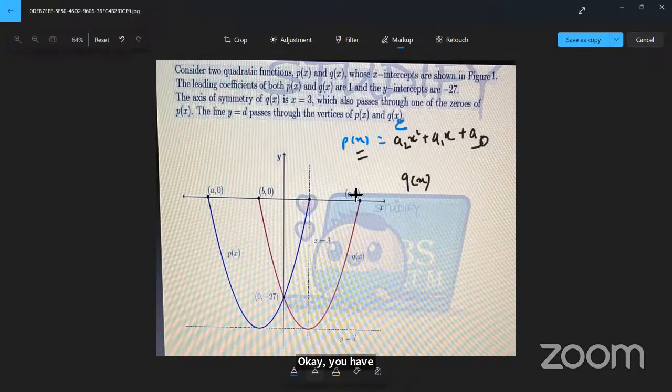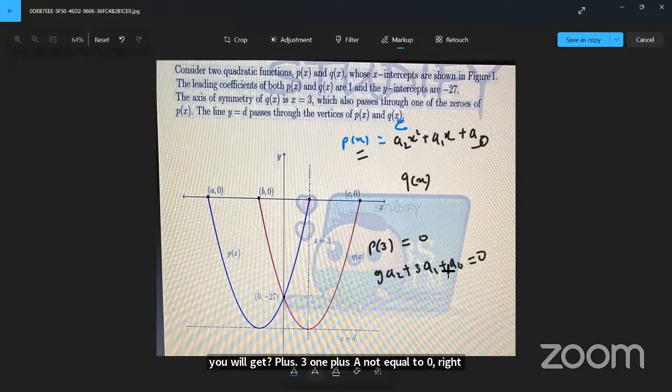Now just put the value x equals 3 and find p(3). You will get a linear equation, p(3) equals 0. What will you get? 9 a2 plus 3 a1 plus a naught equal to 0, right?